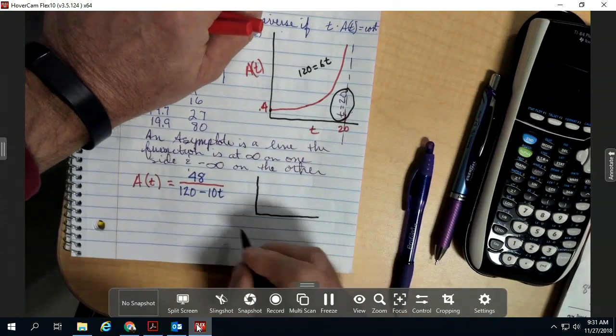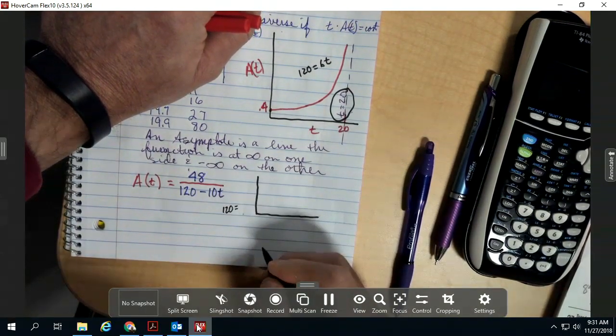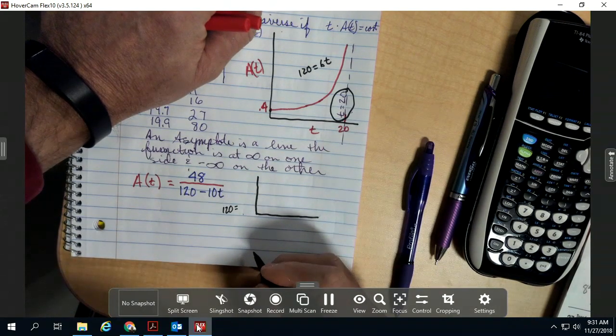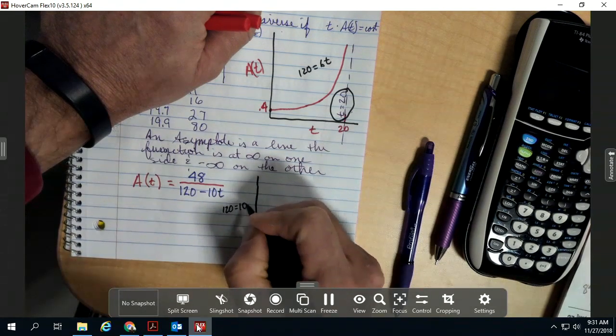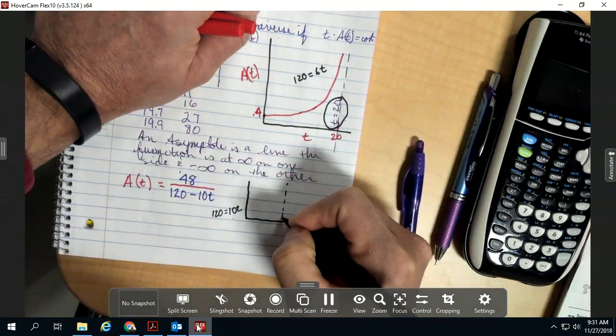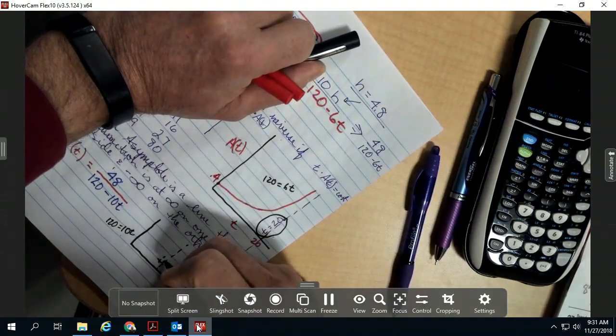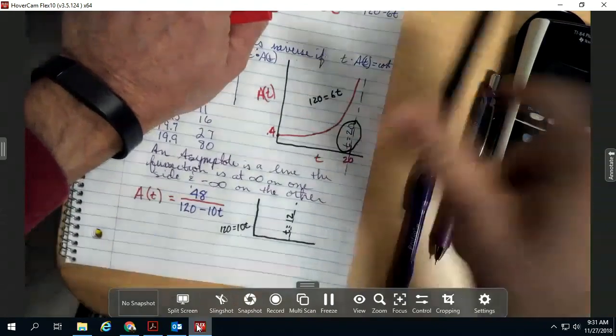So where is our asymptote this time? 120 equals 10t. I had 13 when I graphed it. Are you sure it wasn't 12? Yeah, you're right. It's 12. t equals 12.